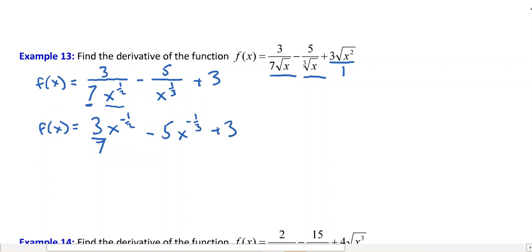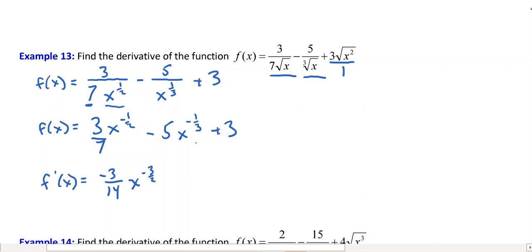Now we have the function written so that we can apply the rules. And again, to apply the rules, we need the variables in the numerator, and we need them to be raised to a power. So the derivative, applying the rules, would be negative 1/2 times 3/7, which is negative 3/14, x, and negative 1/2 minus 1, or minus 2/2, is minus 3/2.